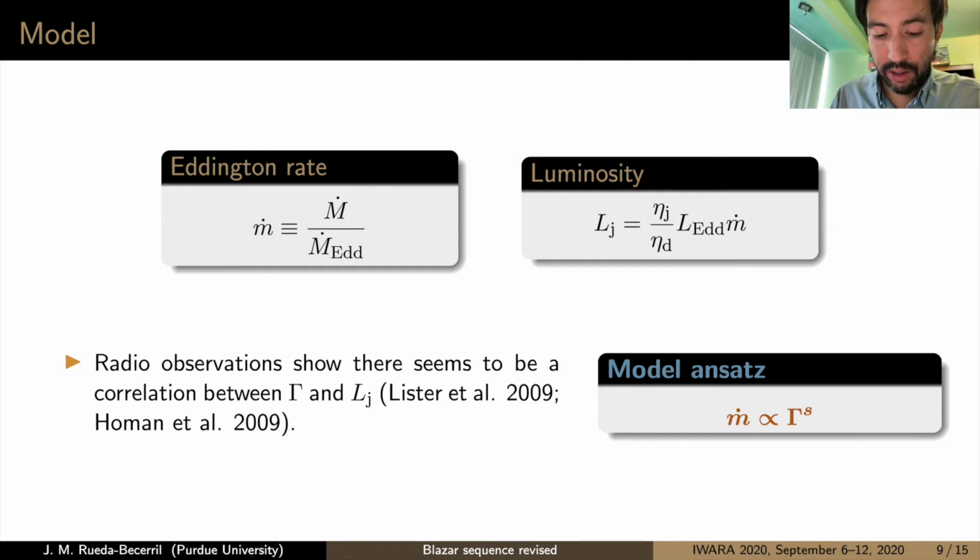And according to radio observations, there seems to be a correlation between the bulk Lorentz factor and the jet luminosity. So from these observational results, we are going to propose this ansatz in which ṁ is proportional to a power law function of the bulk Lorentz factor.